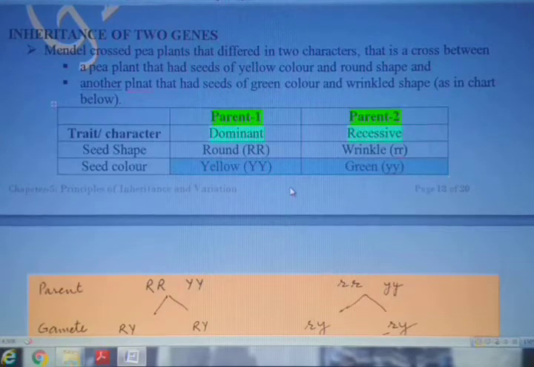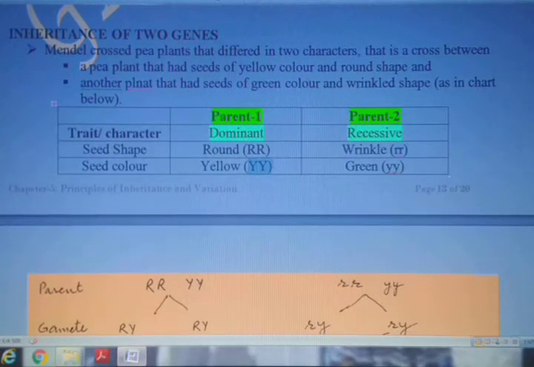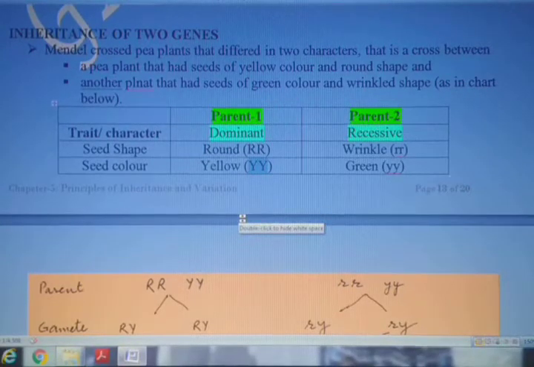And the genes that were used here in case of round, capital R, and here it is homozygous dominant, whereas in case of wrinkle, small r we had used, and that shows the wrinkle seed. The second one is about the color, where we had used homozygous dominant gene, that is capital Y, for the development of yellow colored seed.